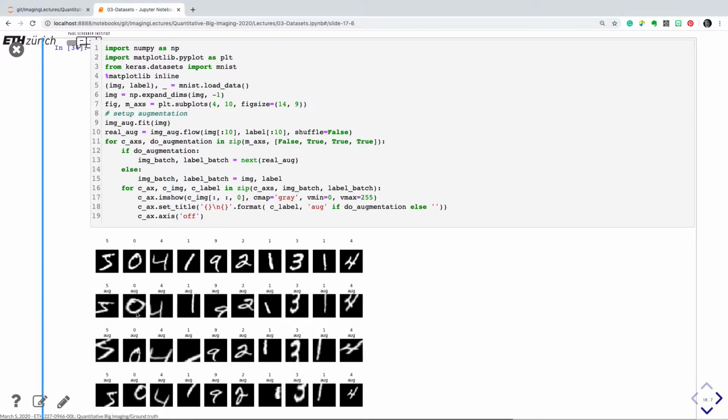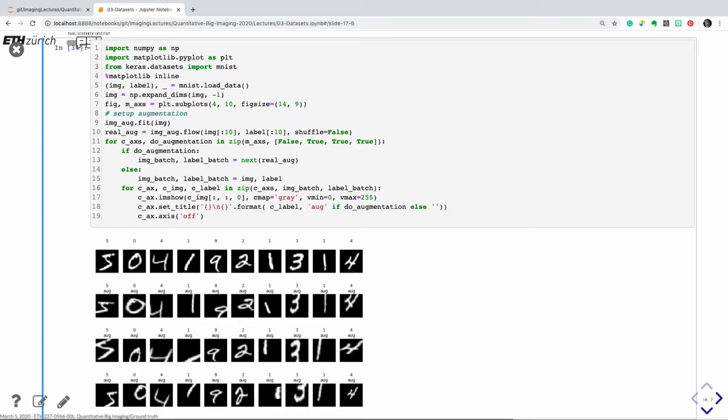This one was made wider, this one moved a little bit down, and so on. You can see here how the numbers are moving around, getting rotated, getting a little bit different stretch. So this already multiplied our data set by a factor of 4. And that also gives you the possibility to work with more data in your training.